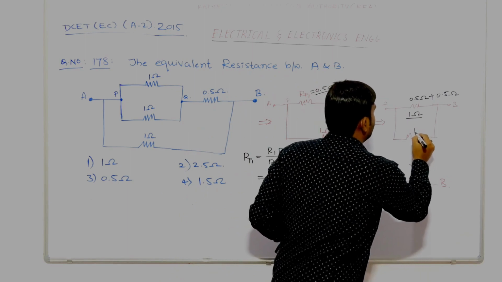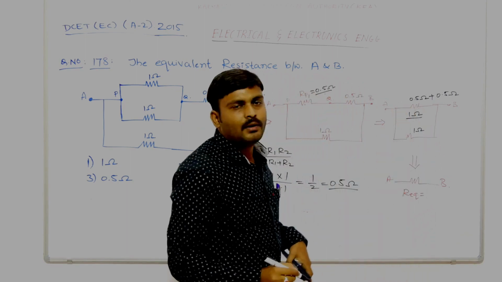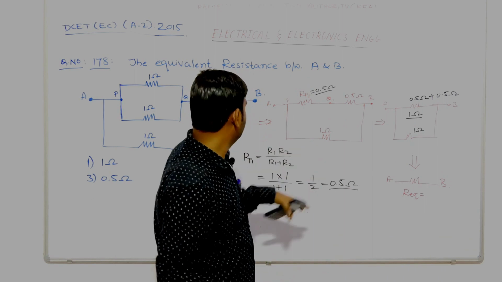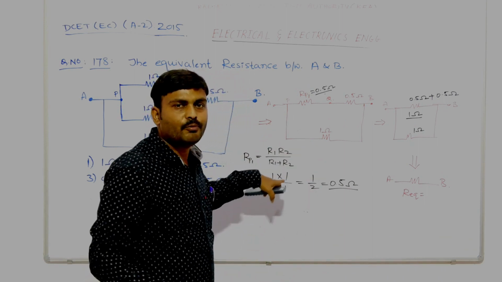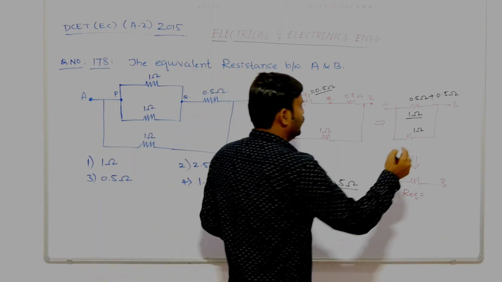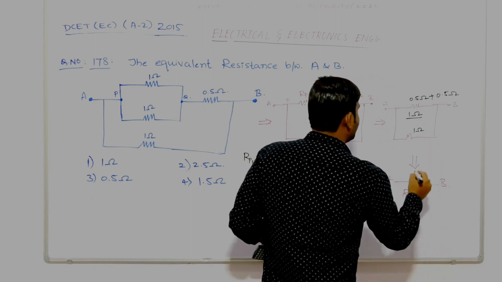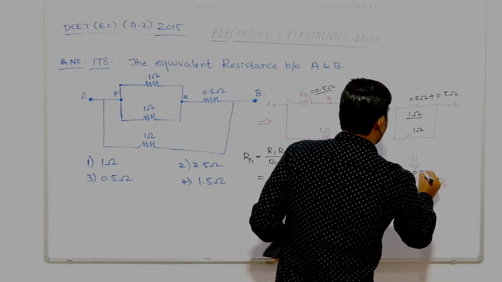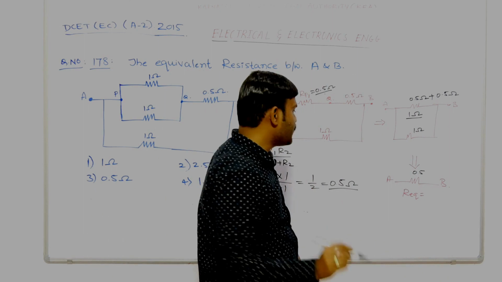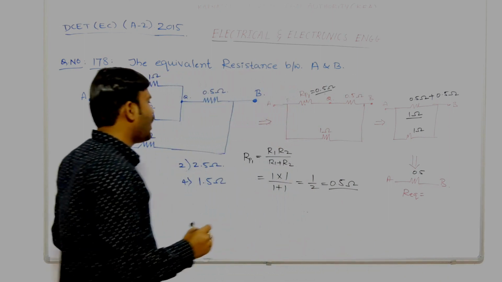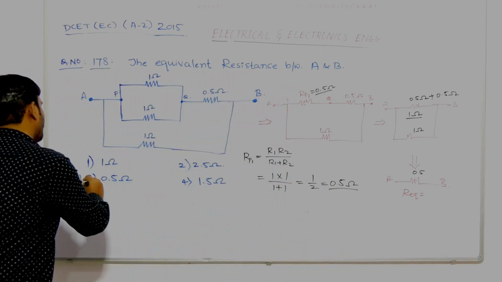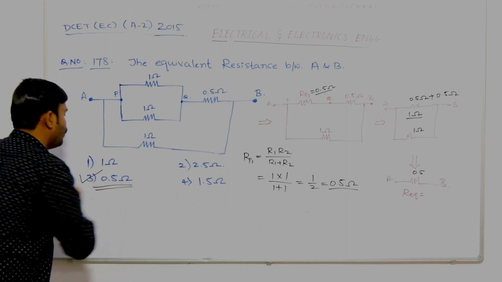So this is 1 ohm. Again, same, 1 into 1 divided by 1 plus 1. 1 into 1 divided by 1 plus 1 is 0.5, right? So what is our answer? 0.5 ohms.